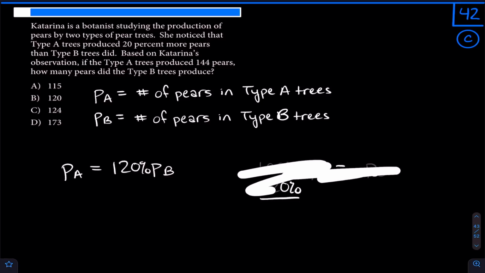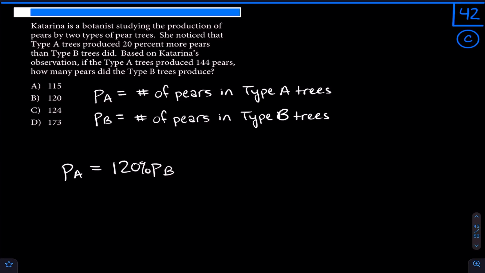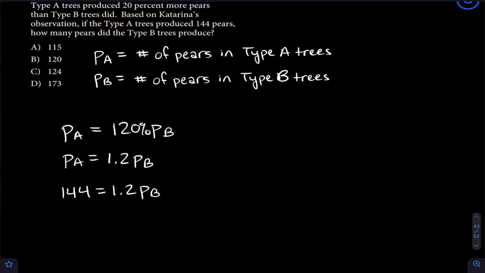Now, if you know that, then this problem gets really easy from here. Because this is a 1.2, and then we know that type A trees produced 144 pears, so we can plug that in and then solve for the pears in type B trees. Just divide by 1.2 on both sides.